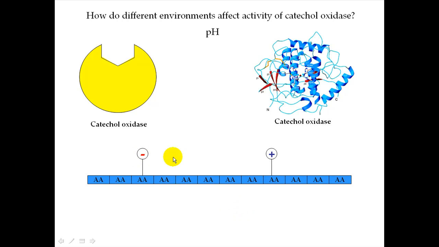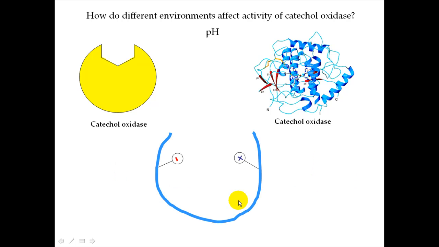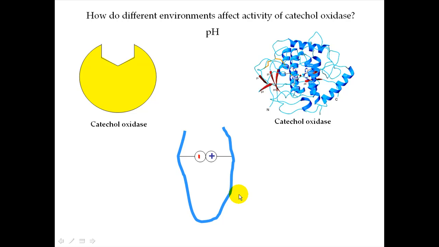Because different amino acids have different R groups that have different chemical properties, that's what causes proteins to end up folding in a particular way. So for example, you know that negative and positive charges attract one another. And because they attract, that's one thing that could influence how a particular protein folds.